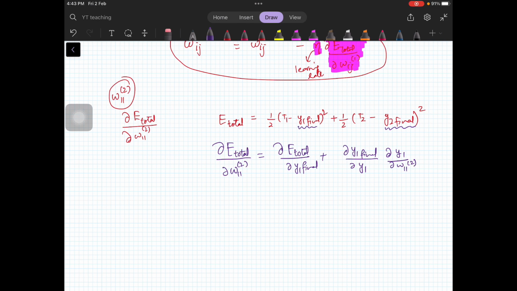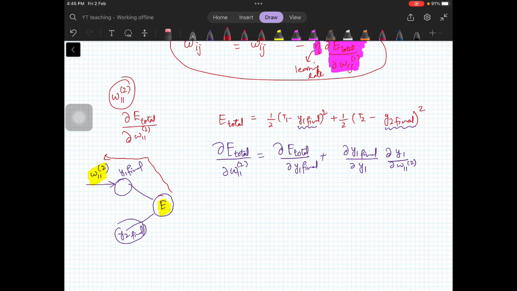You see what we have here, that E is a function like this, right? Your error was coming from Y1 final and Y2 final, and then for this Y1 final, the weight was W112. So if I want to find the rate of change of error with respect to this, this is the branch I'll go for.